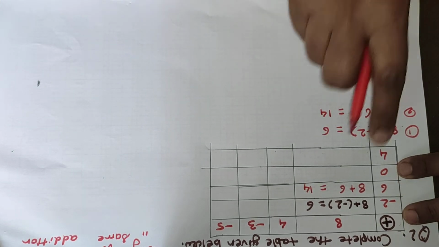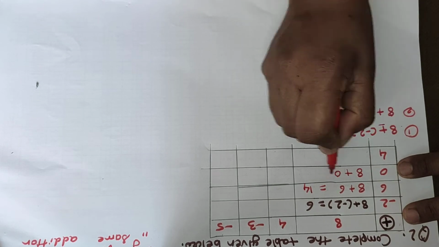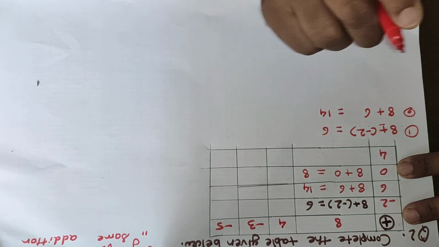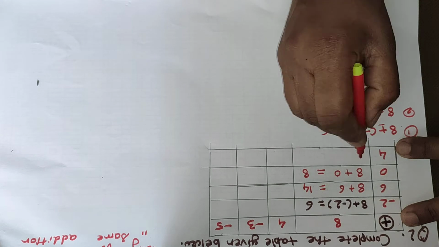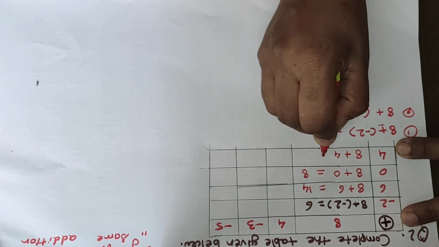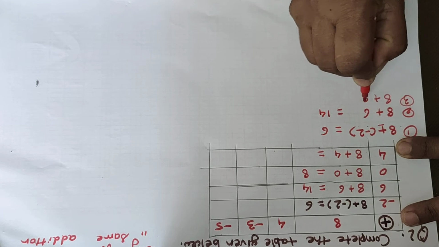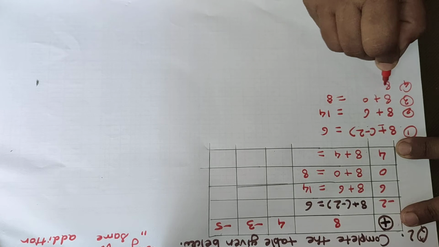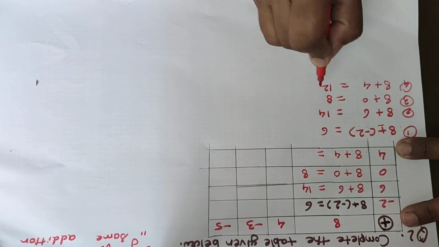Now next, third, 8 plus 0, it is also very easy. 0 plus any number is equal to the same number. So here it is 8. Next, fourth, 8 plus 4. Both signs are the same, so the answer is 12.